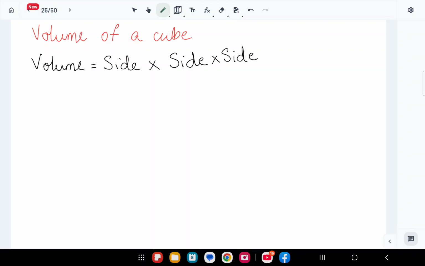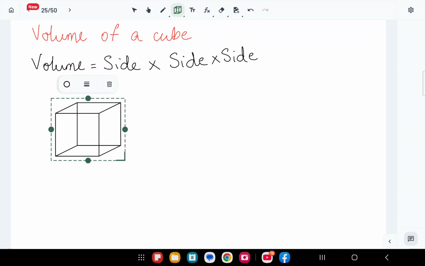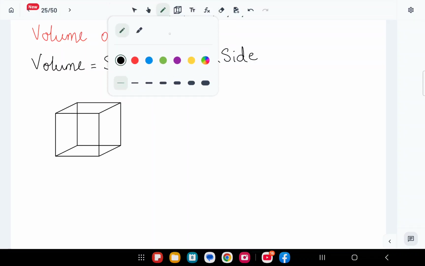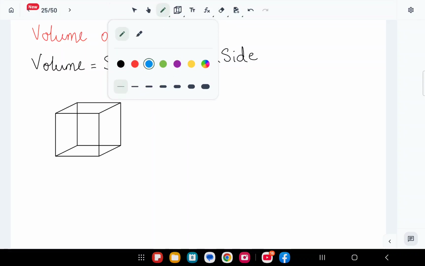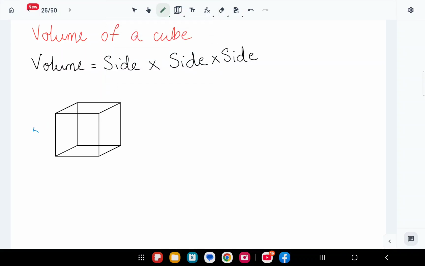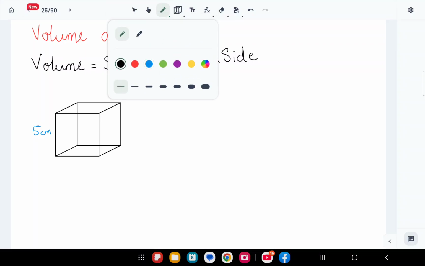All right. So let's use an example here. Let's say we have this cube here, and the dimensions for this cube, let's say we know the side is 5 centimeters. To calculate the volume of this cube, we apply the formula.